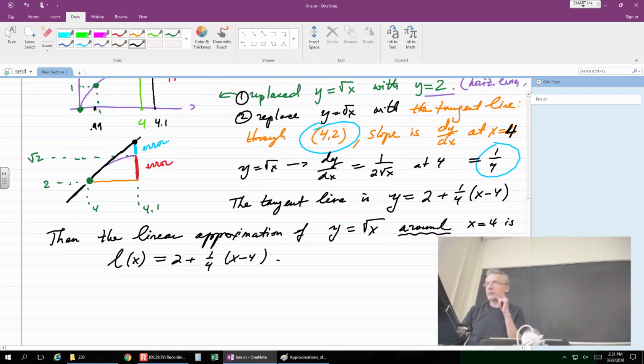So once again, notice that by construction, this function shares a point with square root of x, firstly, and secondly, the derivative at that point.